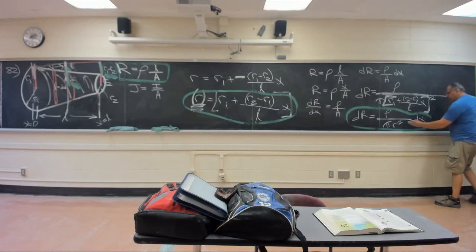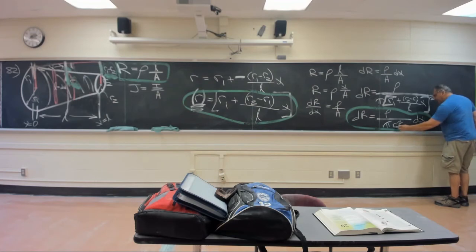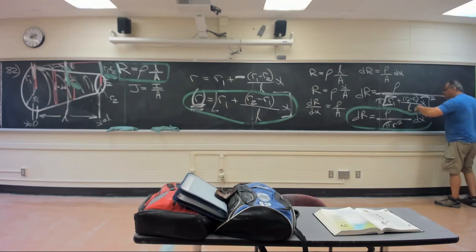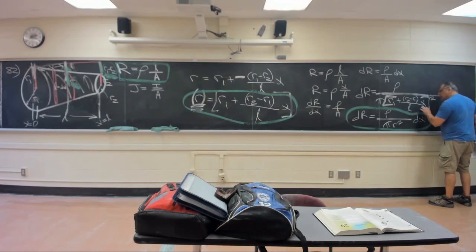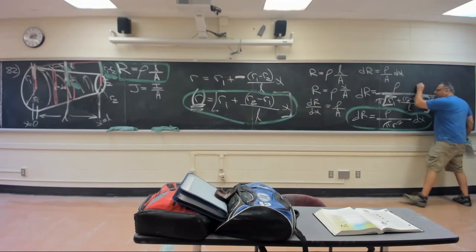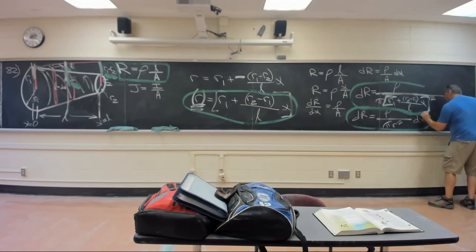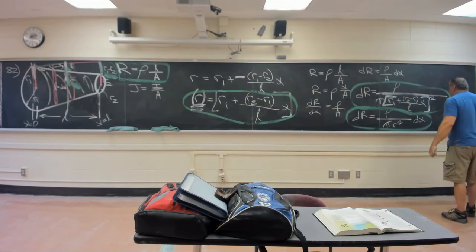This is what it is. This generic R being squared, this R is the quantity R sub 1 plus the quantity R sub 2 minus R sub 1 over L times X. R1 plus the ratio, the quantity R2 minus R1 over L times X. That's the R. You square it, it's like squaring the R.